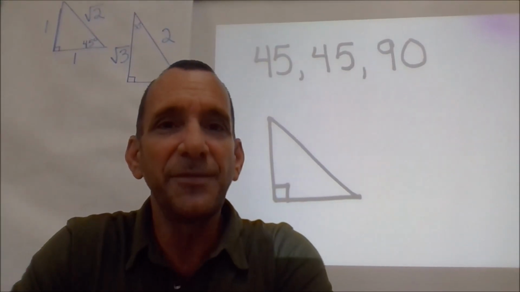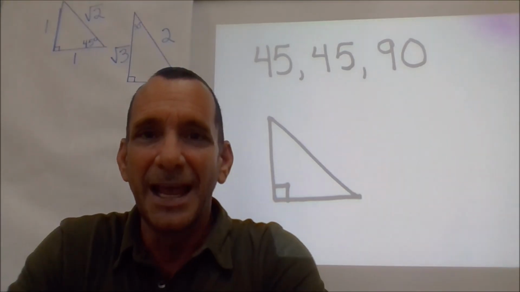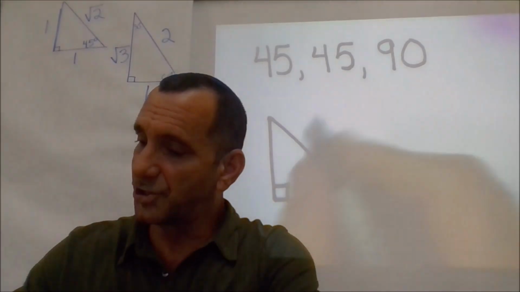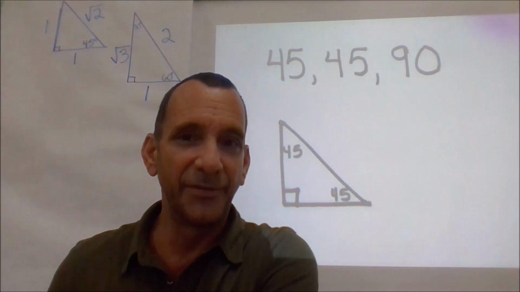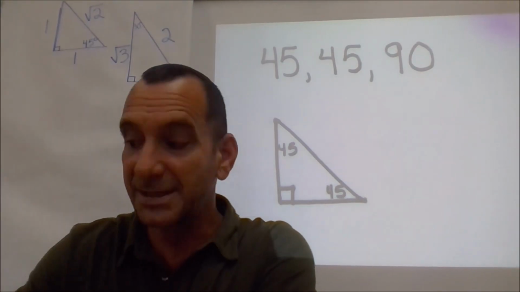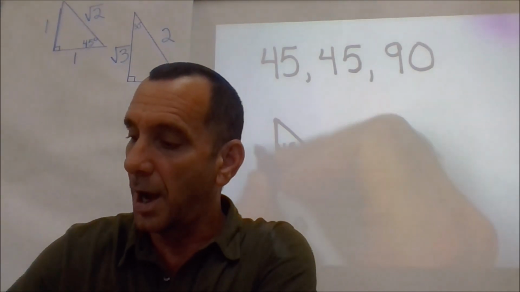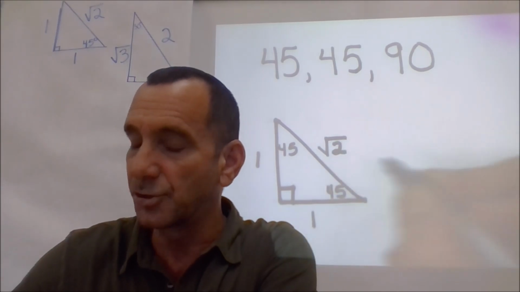Let's look at the 45, 45, 90 triangle. And you're going to see a special relationship. 45, 45, 90, very special triangle. The ratios of the sides are 1 to 1 to the square root of 2.